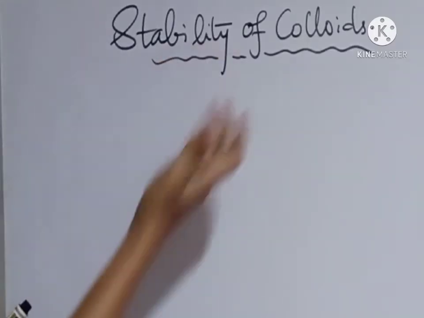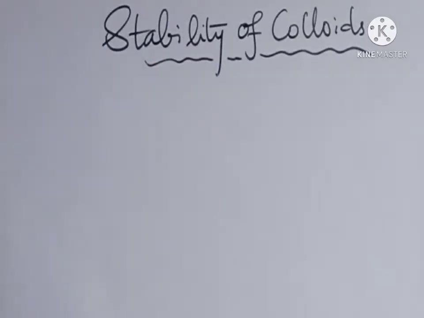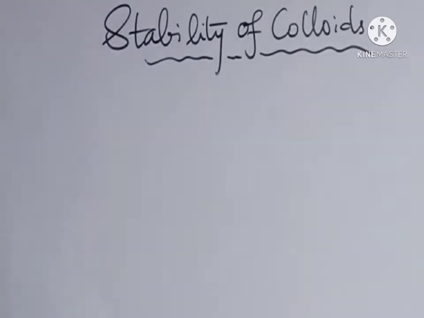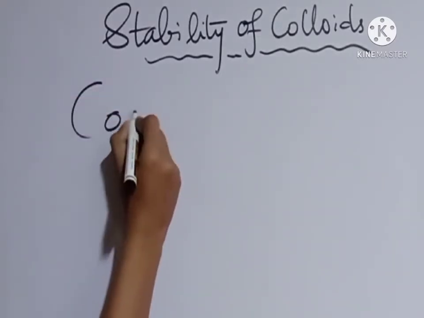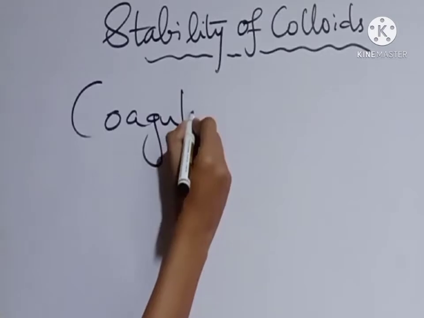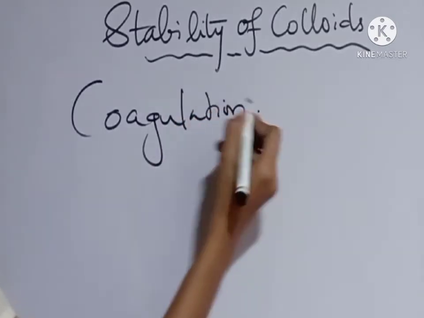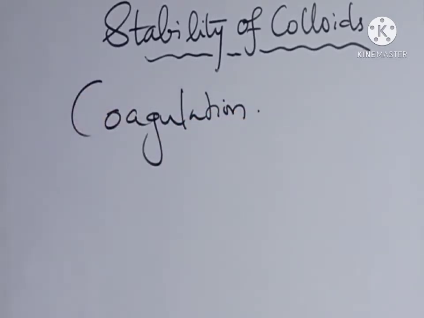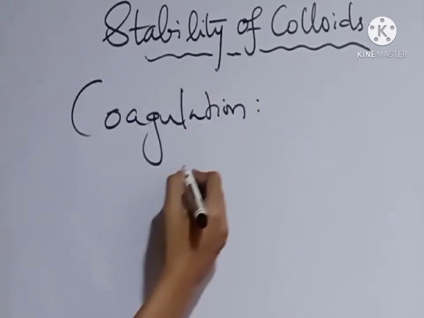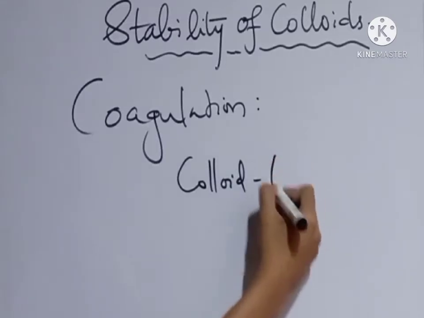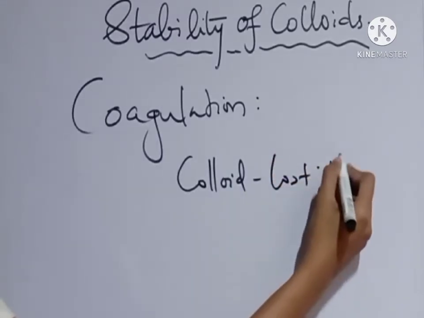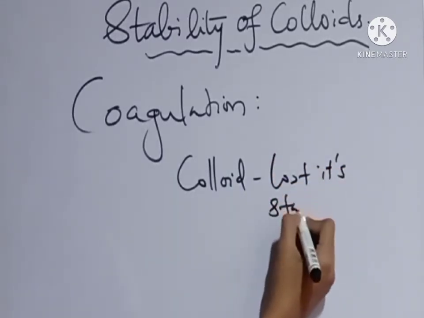Okay, let us learn the stability of colloids. Before going to the details of stability of colloids, one of the important words which we have to familiarize is coagulation. Coagulation is the process which occurs when a colloid loses its stability.